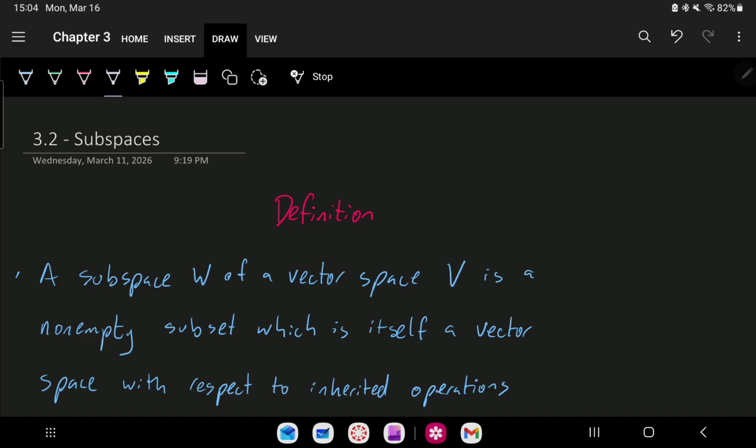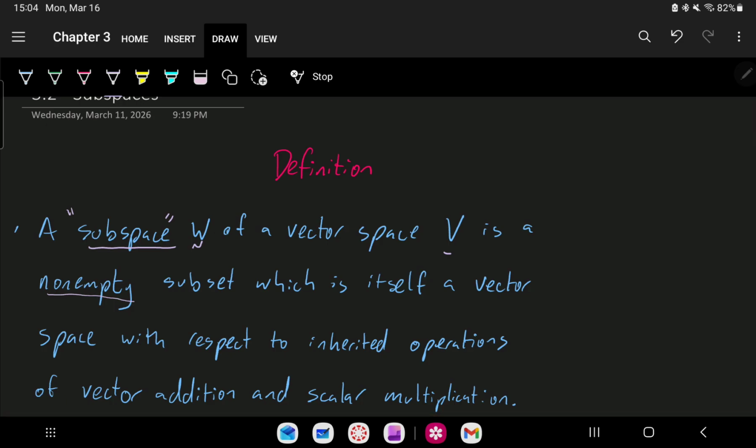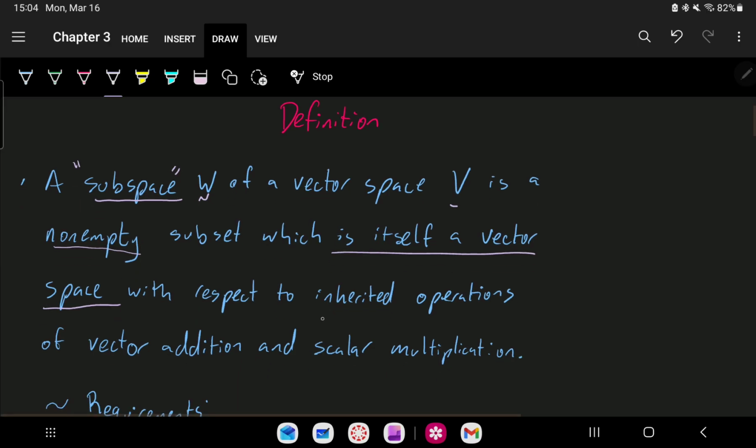So, just starting with the definition, a subspace, we'll call it W, of a vector space V is a non-empty subset which is itself a vector space, with respect to inherited operations of vector addition and scalar multiplication, right?